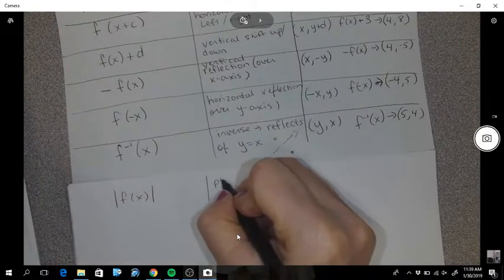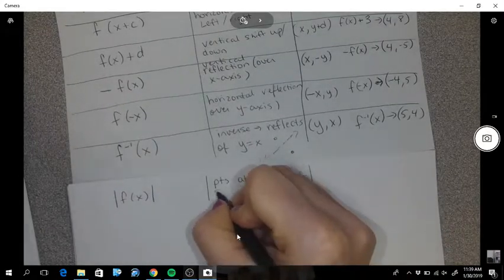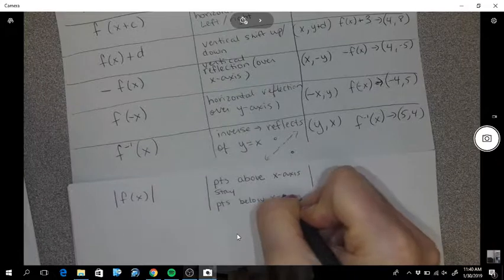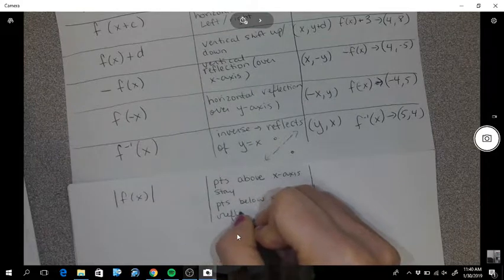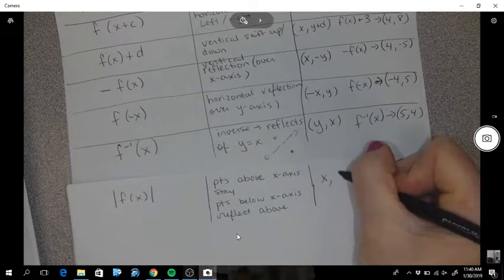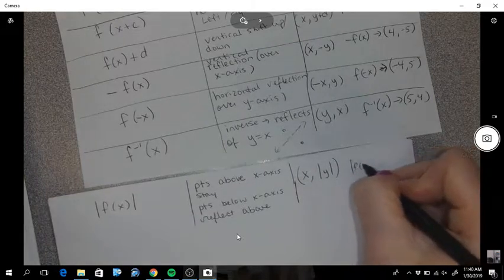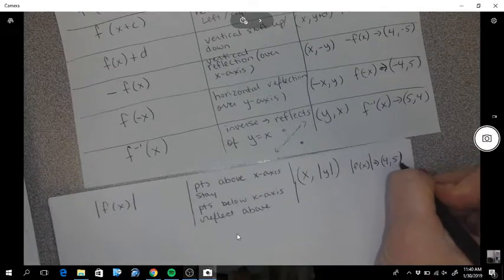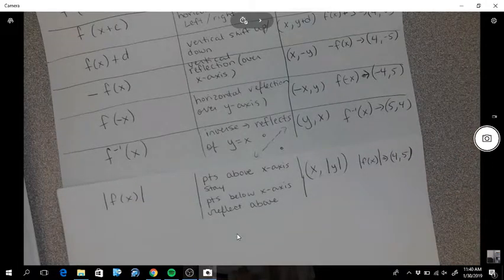So points that are above the x-axis stay, and points below the x-axis, so negative y values, they reflect above. And ours actually wouldn't even change because I gave you the point 4, 5, and 5 is already positive, so it doesn't need to change.